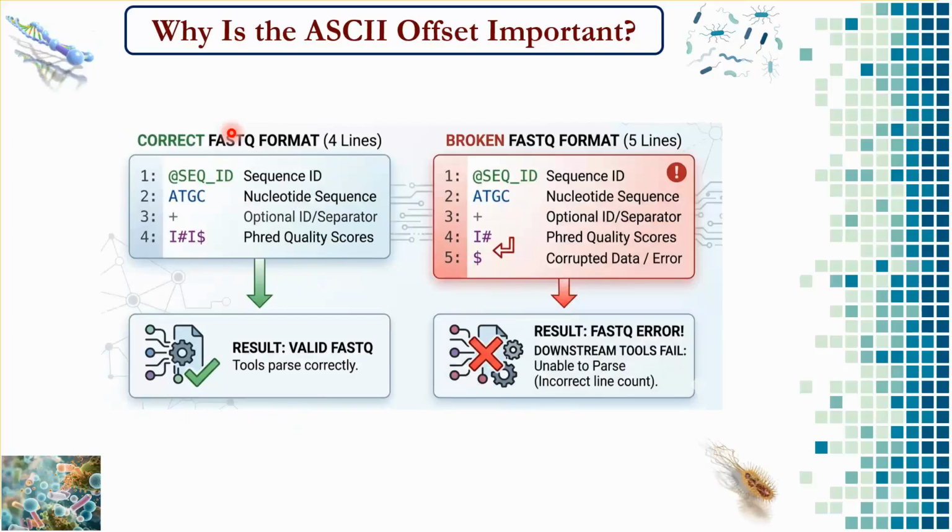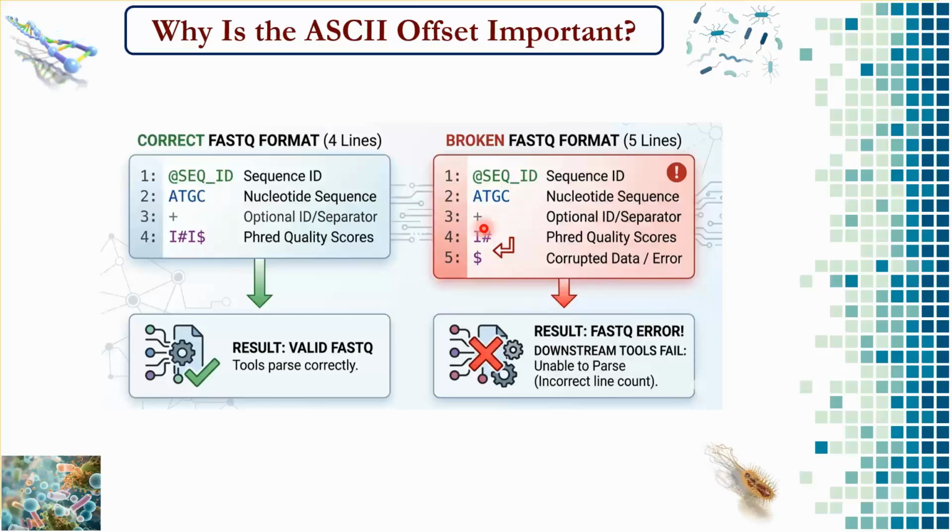Now imagine if a quality character becomes a line feed or new line character, the FASTQ structure or format would immediately break. For example, this is a correct FASTQ entry with 4 lines as we can see here. Line 1 is sequence ID, line 2 is sequence, line 3 is separator, line 4 is Phred quality scores. But if a new line appears inside the quality string, for example at the third base, the structure would break like this.